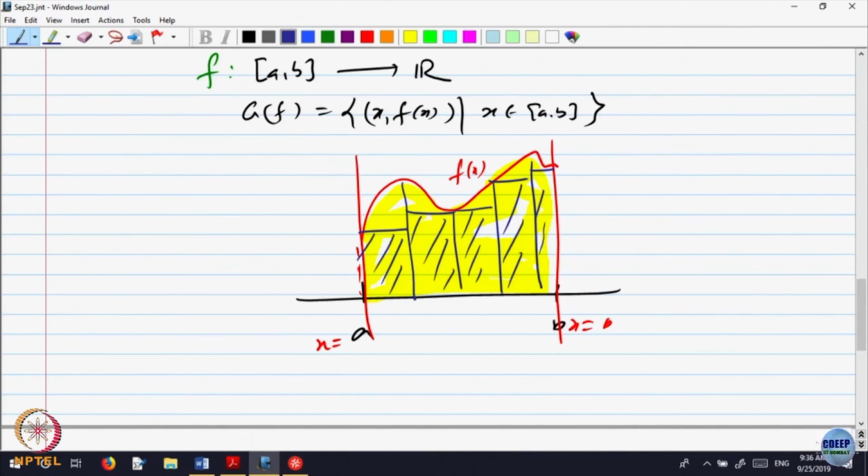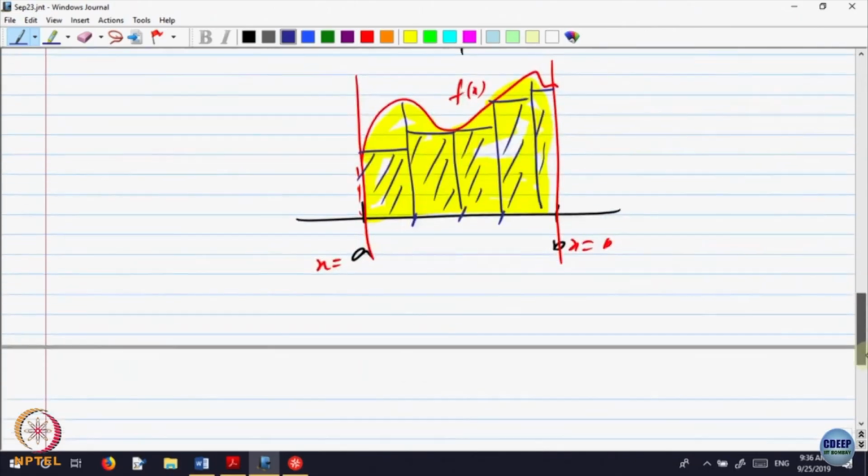To make these things more formal, we are going to select some points in the interval a b and then look at the rectangles with those as the width. So let us define what is called a partition of a b.